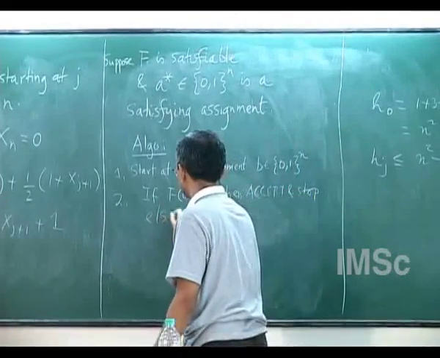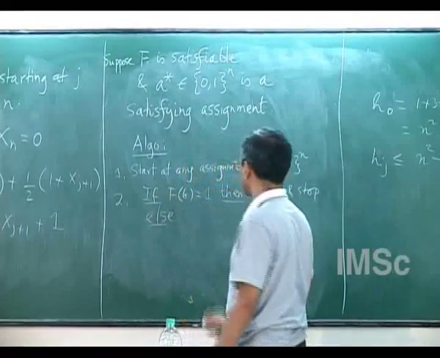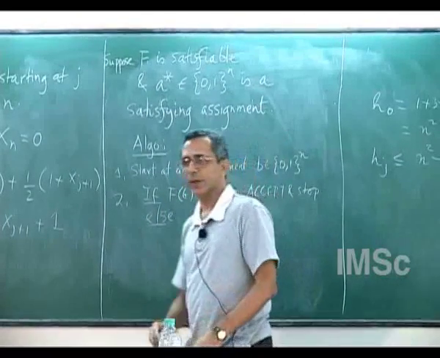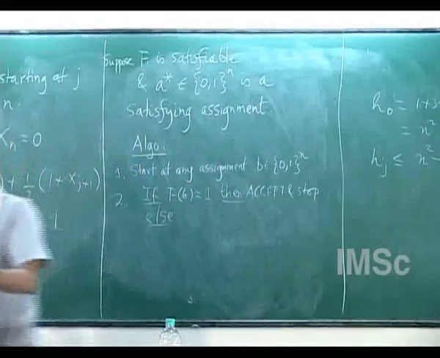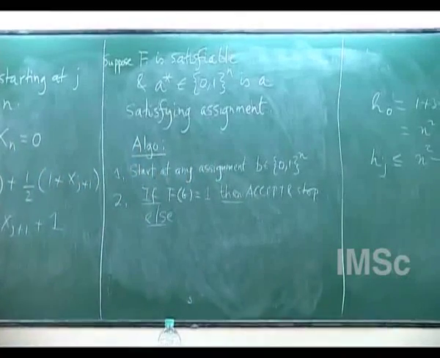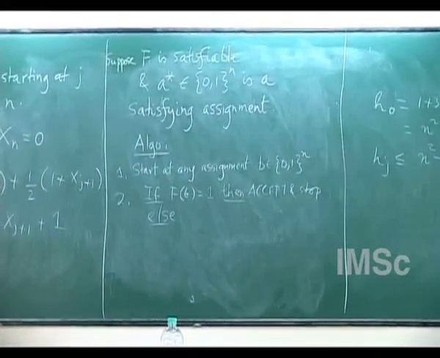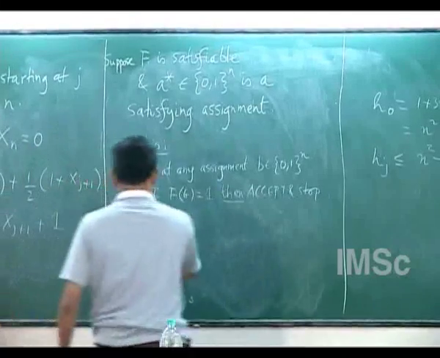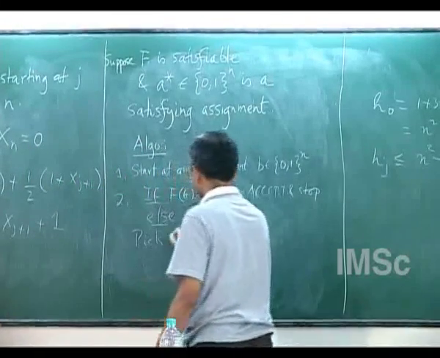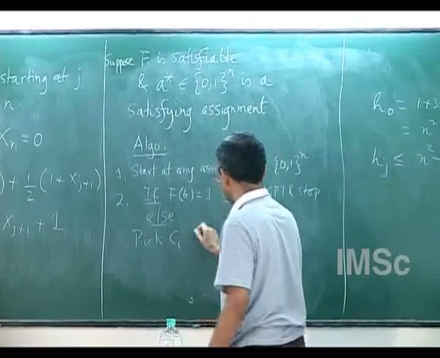Otherwise, we know that B is going to falsify at least one clause because it's not a satisfying assignment. Else pick any clause Ci falsified by B.